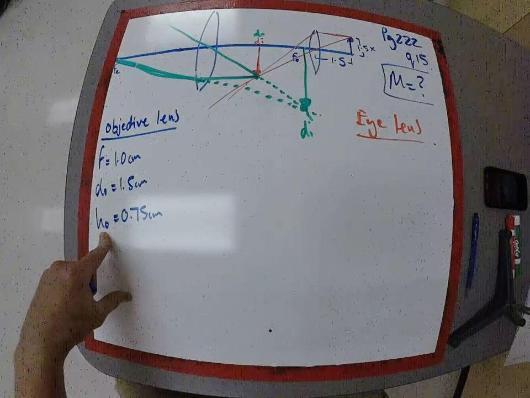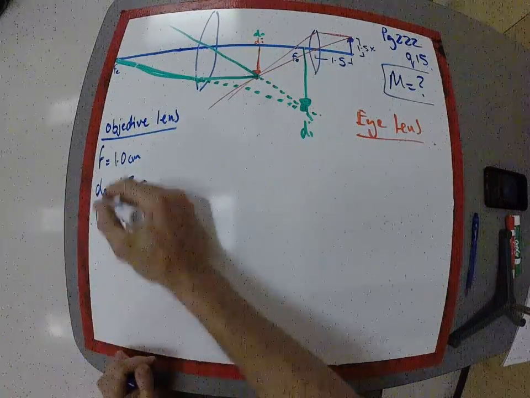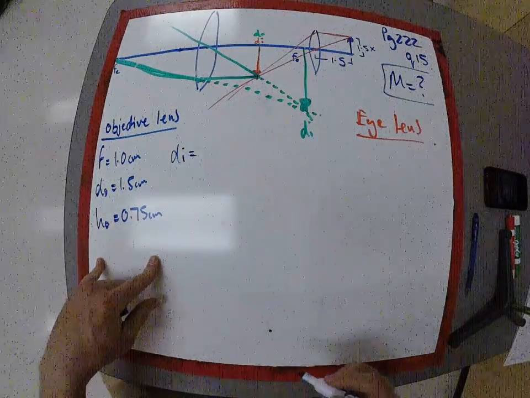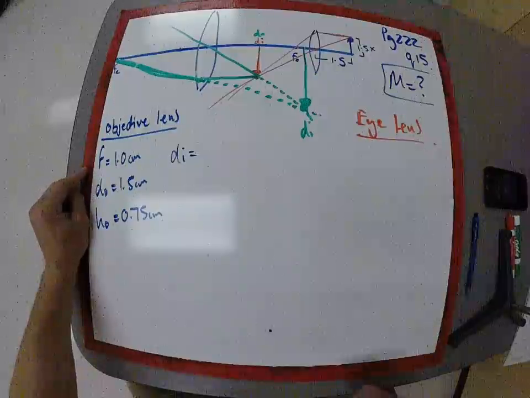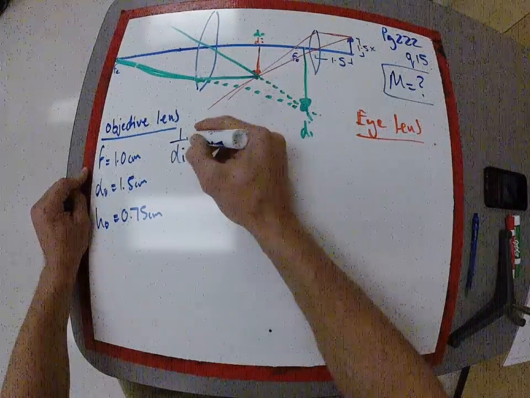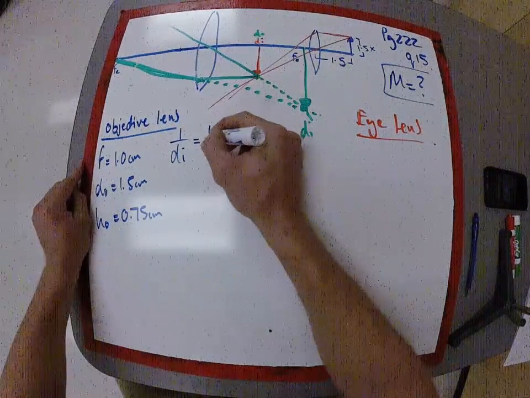There's a number of things we could work out. We've got F, we've got DO. Of course, we could work out DI. We're not really sure what we need yet, but we can hopefully realize here that we can work out DI. Because if we just rearrange our lensmaker's formula, 1 over DI is going to be 1 over F minus 1 over DO.